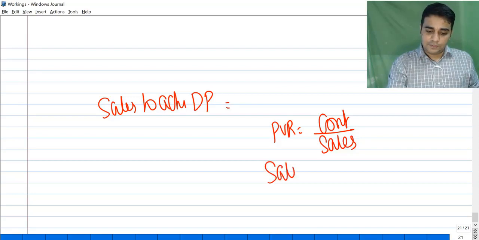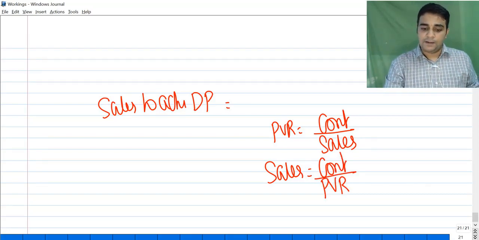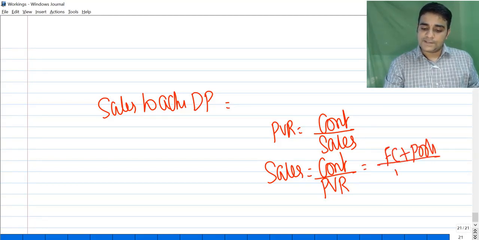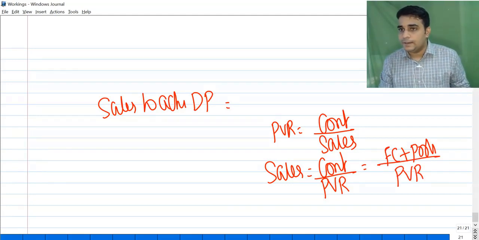Sales is equal to contribution by PVR, where contribution is equal to fixed cost plus profit. Fixed cost plus profit by PVR.